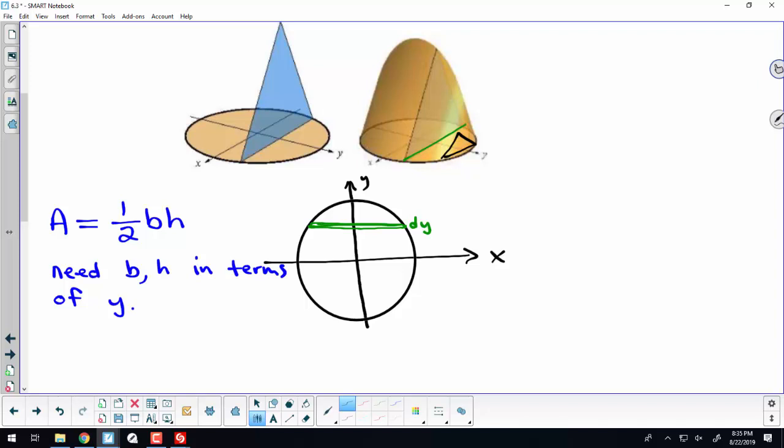All right. So it's an equilateral triangle. Would it be easier to find the base of the equilateral triangle first or the height? The base. The base? Okay, so let's find the base.